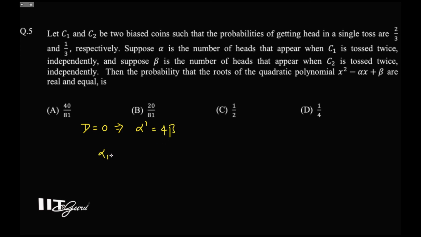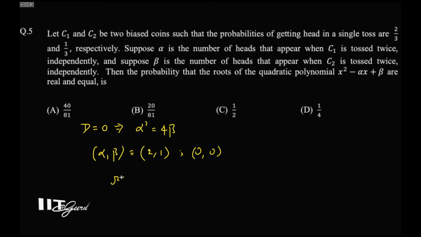So what are the possibilities of alpha, beta? If alpha is 2, then beta is 1. Another possibility is 0 and 0, correct? There is no other possibility.